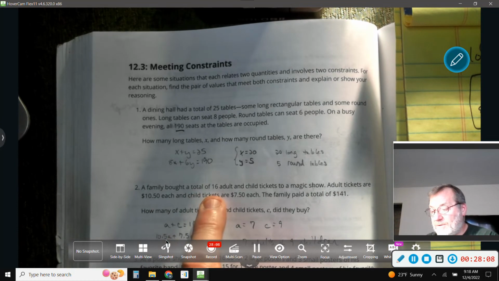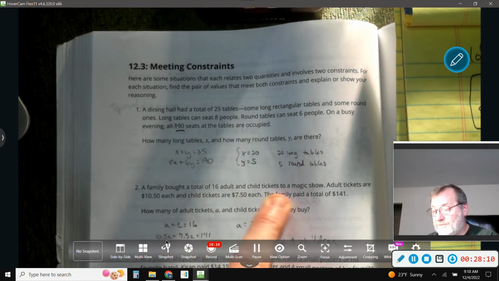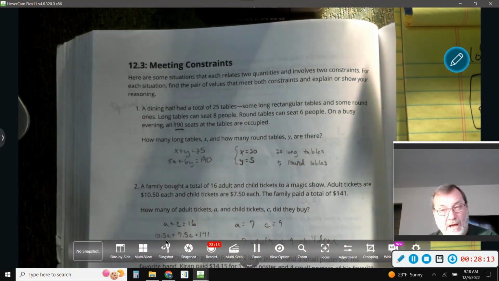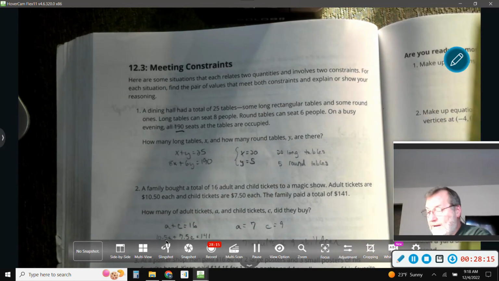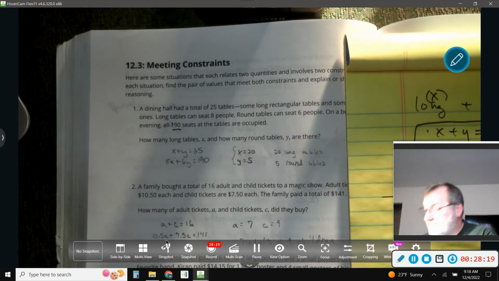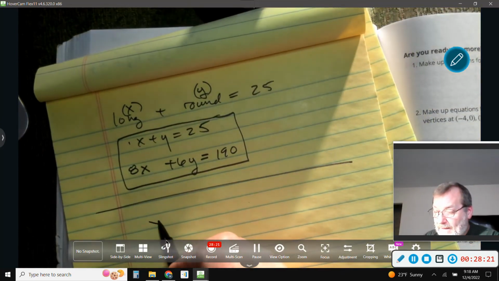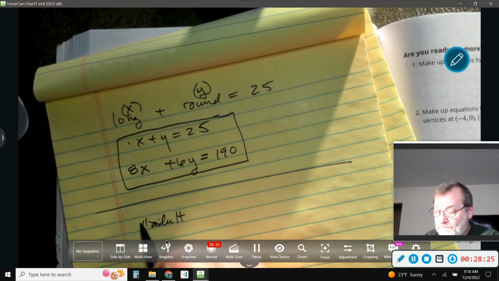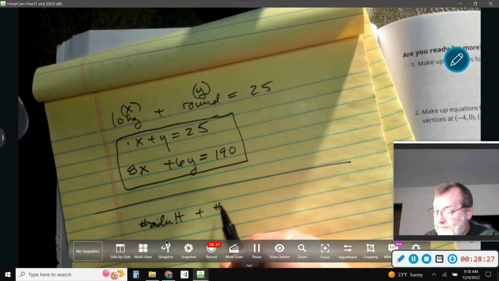A family bought a total of 16 adult and children's tickets to a magic show. Okay, stop. We know that we have 16 total tickets. So we're going to do the same thing again. We're going to say we have adult tickets and student tickets.